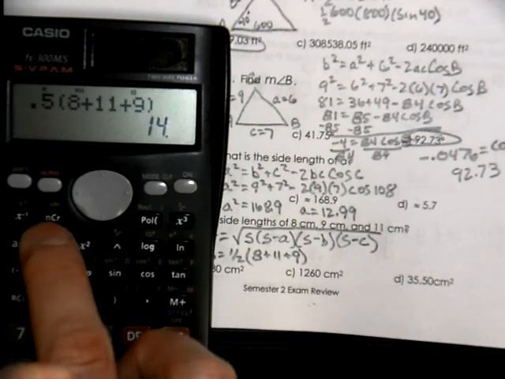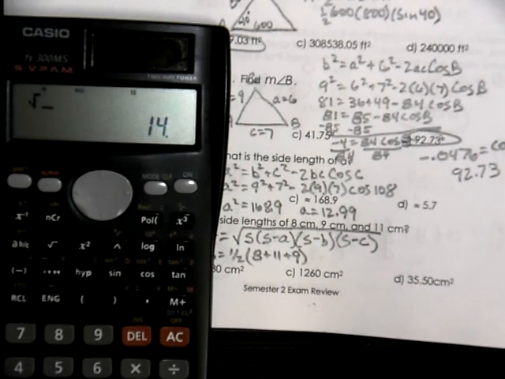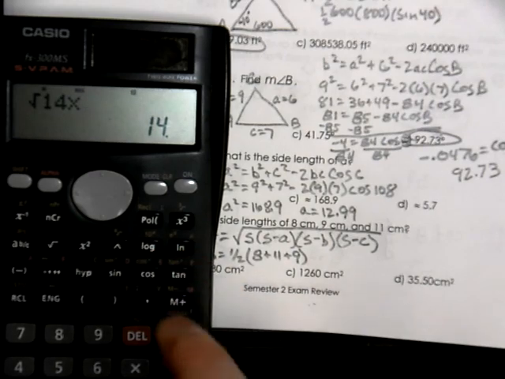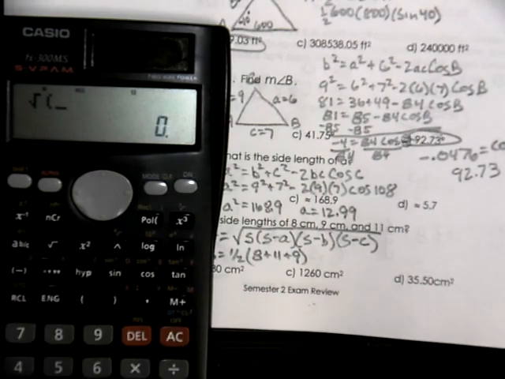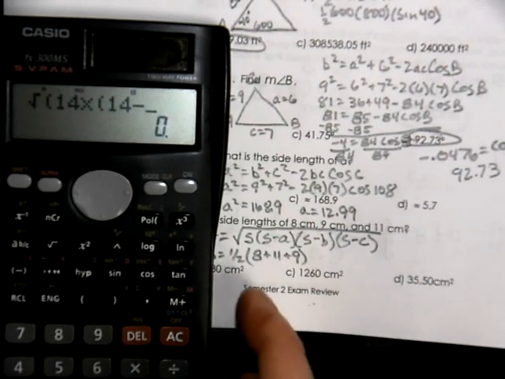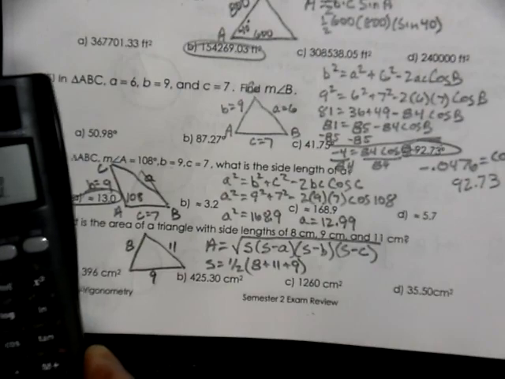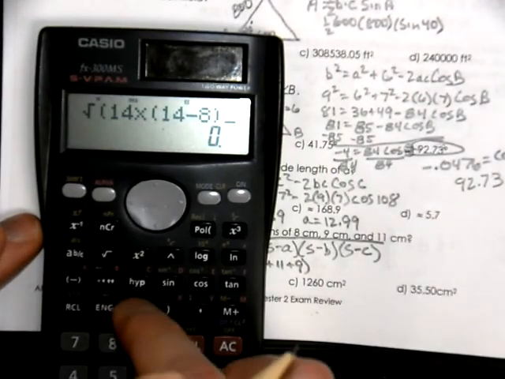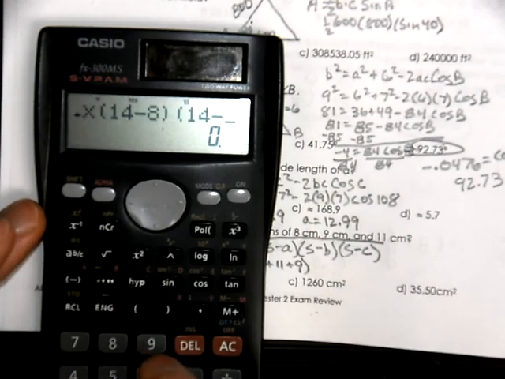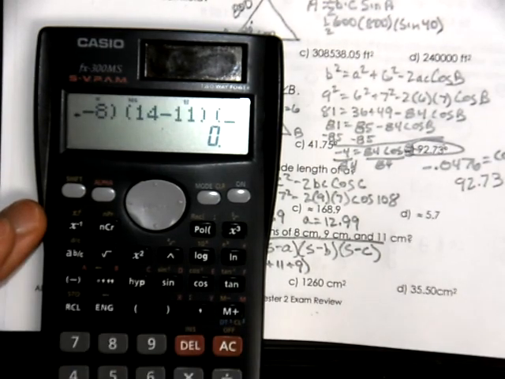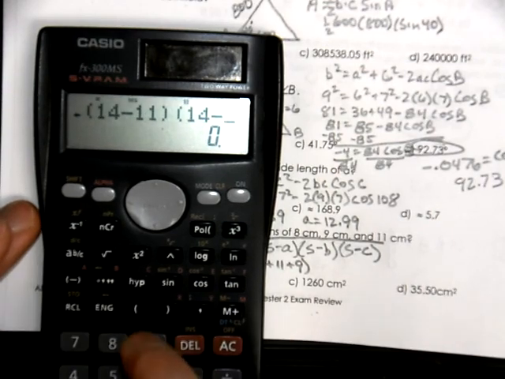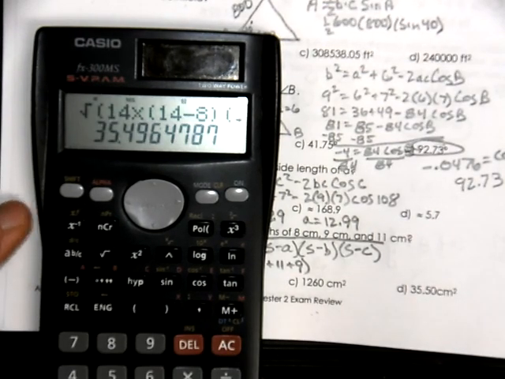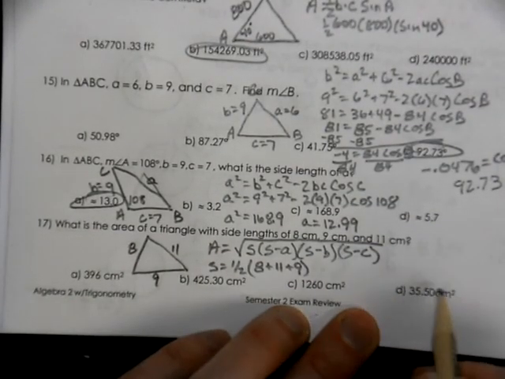Then we're going to say the area is the square root of 14 times 14 minus A, and A was, let's say, 8. 14 minus 11, and 14 minus 9. So 35.49, 35.50.